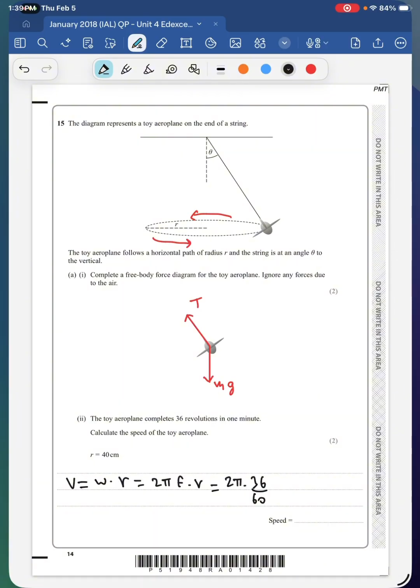So 1 over seconds is hertz, so that's the frequency. Then 2 pi times the frequency times 0.4 meters, which is the radius, and the final answer is 1.5 meters per second.